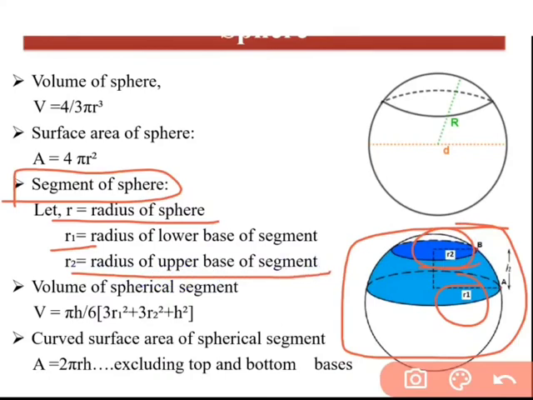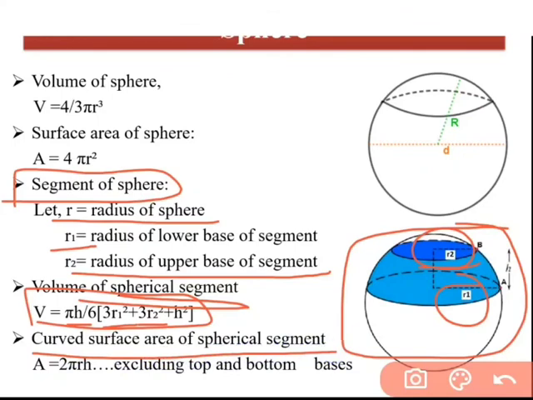So the volume of a spherical segment V is equal to pi h divided by 6 in bracket 3 r1 square plus 3 r2 square plus h square. Second, surface area. So the curved surface area of a spherical segment A is equal to 2 pi r h.